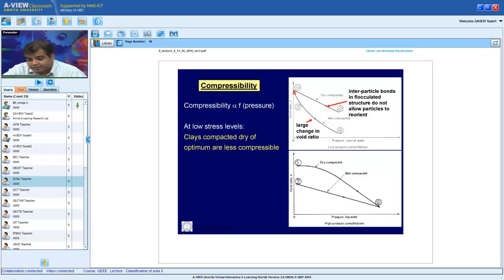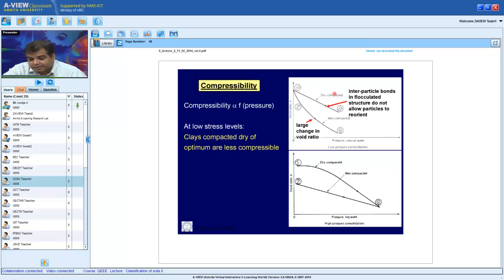So what we see is the sample on the dry side of optimum shows less compressibility, less change in void ratio compared to the sample which has been compacted wet of optimum. There is a large change in void ratio in this figure compared to the other figure.